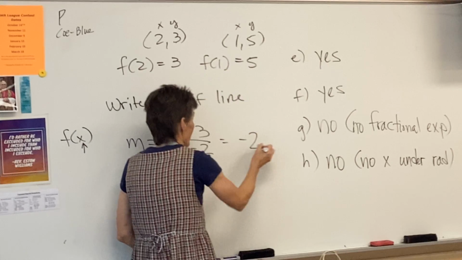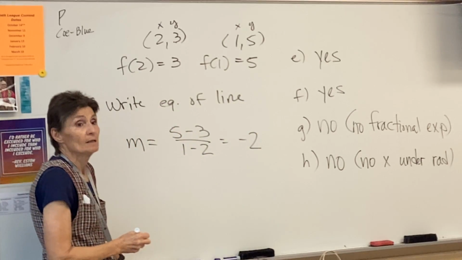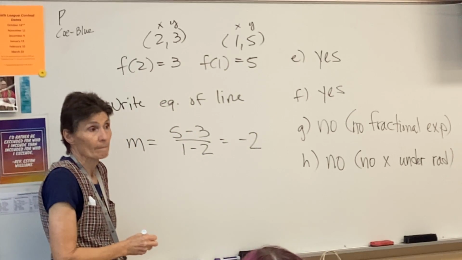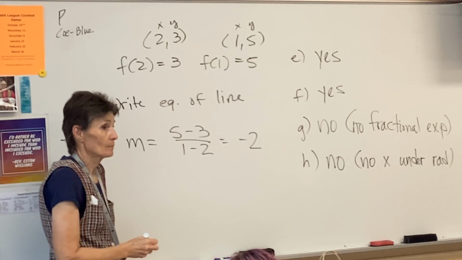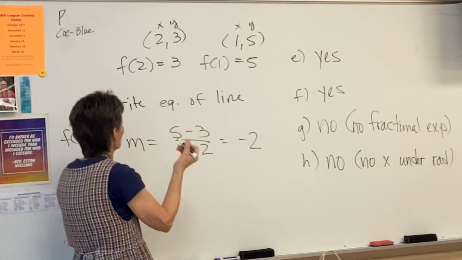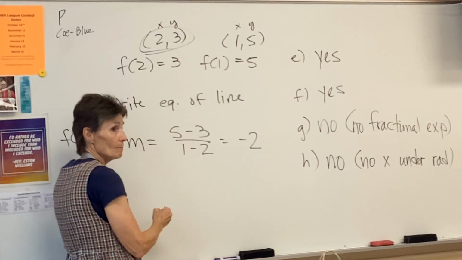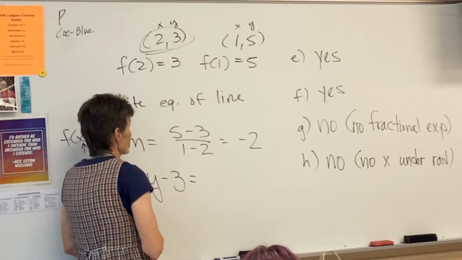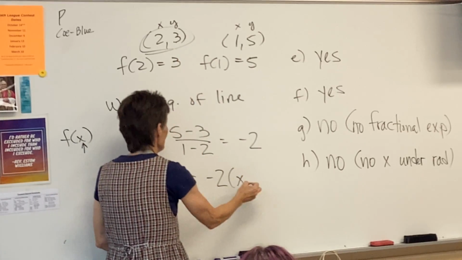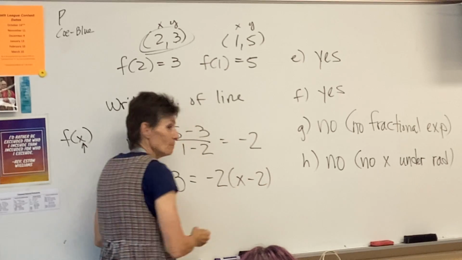So it looks like my slope is -2. Yep. And then what? Y minus y. I give my point slope, so I pick a point. I'll just use that one. So y minus 3 equals -2 x minus 2.